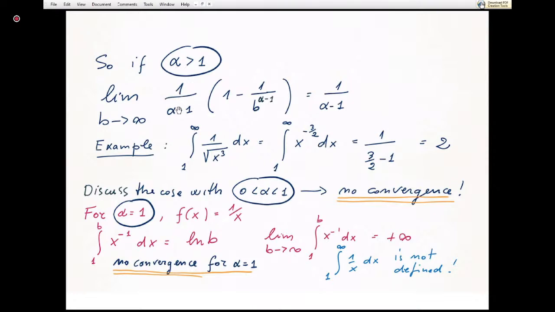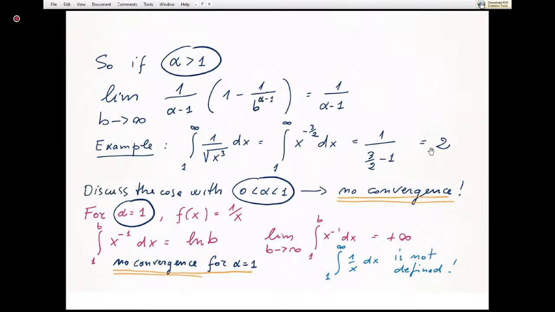The general case not only tells us that the limit exists, but also tells us that the value of the limit is this one, 1 over alpha minus 1. So the integral between 1 and infinity of x to the power minus 3 over 2 dx is 1 over 3 over 2 minus 1, which is equal to 2.